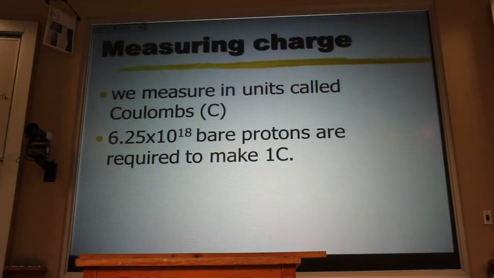Yes, you take that number and you say the charge on 1 proton is equal to 1 over 6.25 times 10 to the 18 coulombs. Now, if you plug that into your calculator, what you end up with is 1.6 times 10 to the minus 19 coulombs.